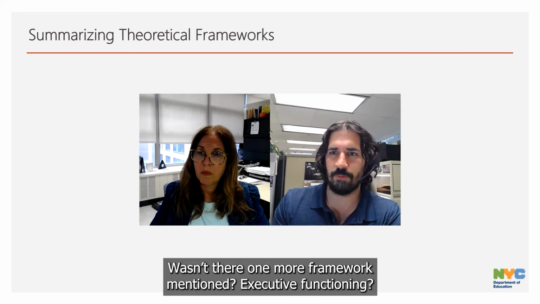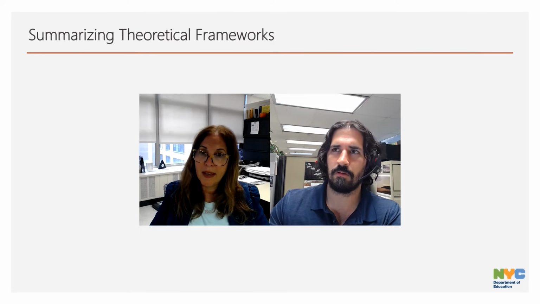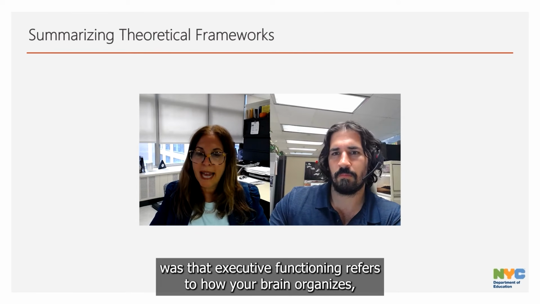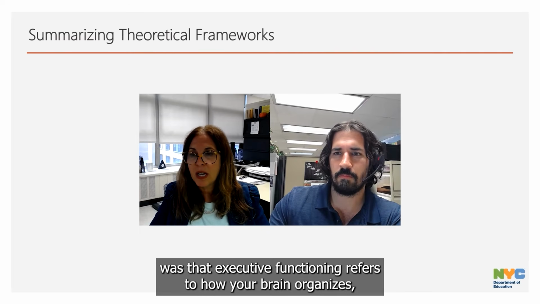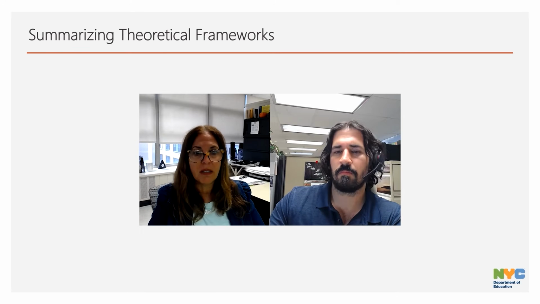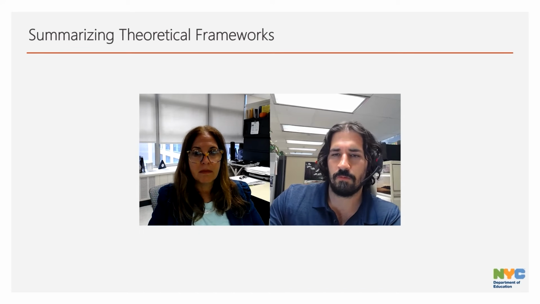Wasn't there one more framework mentioned? Executive functioning? Yep. When I looked this one up, the major thing to remember was that executive functioning refers to how your brain organizes, processes, and categorizes information. Right.